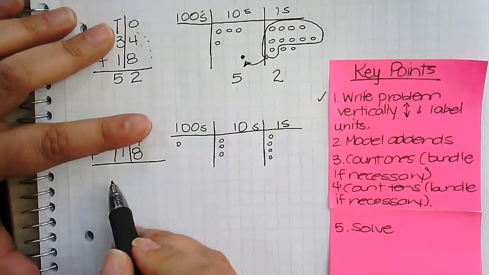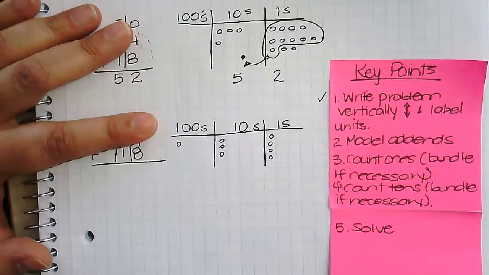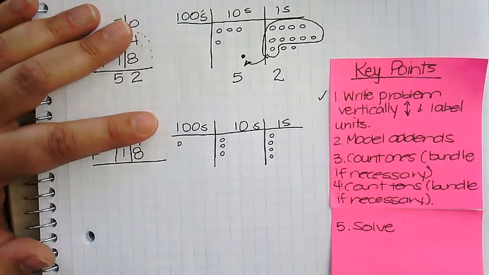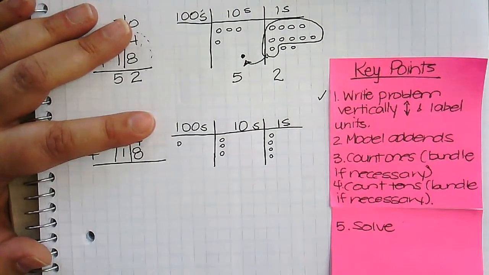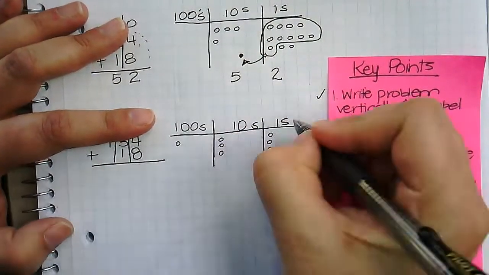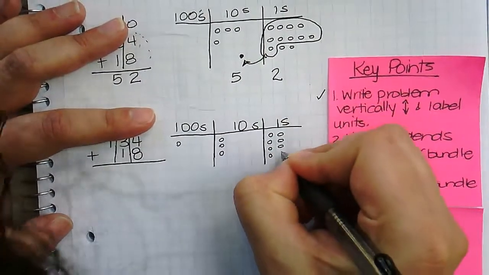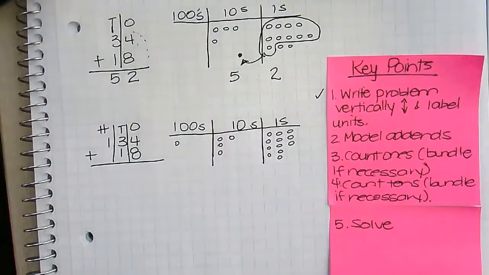Now I'm going to model the second addend, and you have 15 seconds to do it. Go. And here's what you should have. You have 8 ones, so you go 1, 2, 3, 4, 5, 6, 7, 8, and 1 ten.